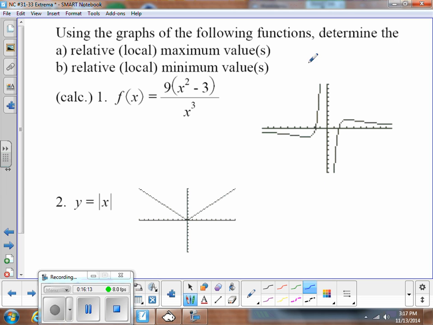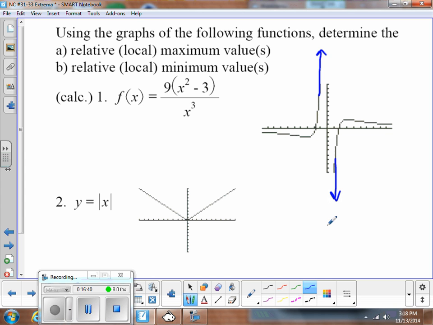It's an asymptote. But if I'm talking about the absolute maximum point, the highest point, I don't know, because this graph is going to continue up this way. I don't know where it's going to end. Therefore, I cannot give an absolute max. Same thing happens with the absolute min. It's heading down this way, trying to approach this asymptote. I cannot tell you where that's going to happen because it's going all the way to infinity.